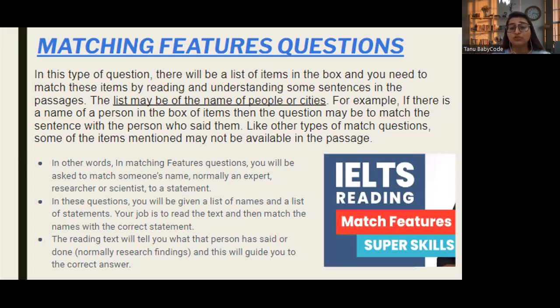Your job is to read the text very carefully and then match the names with the correct statement. The reading text will give you an idea of what the person has said or done, like his experiment or his findings, and that will guide you to the correct answer. You have to find the correct answer.